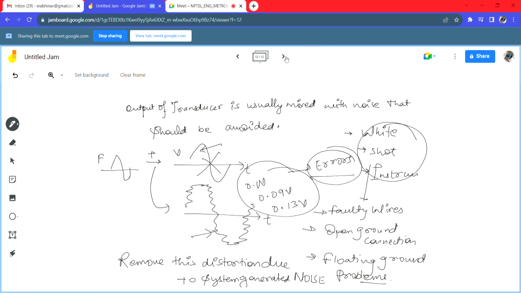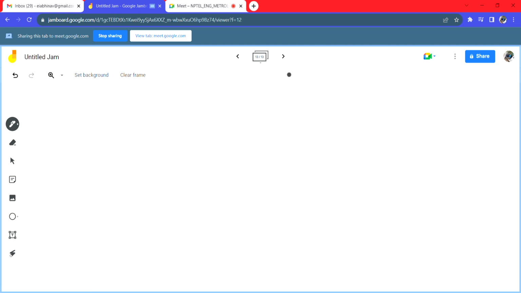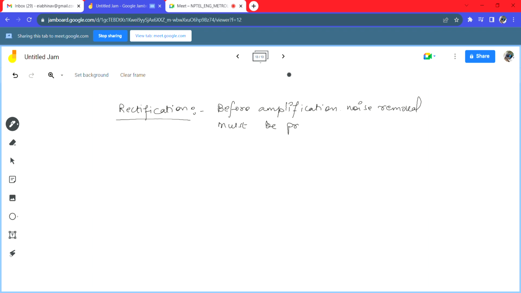Hence, the next stage that we design after amplification is called rectification, or maybe before amplification. Rather, I should correct myself. Before amplification, noise removal must be practiced. Why?